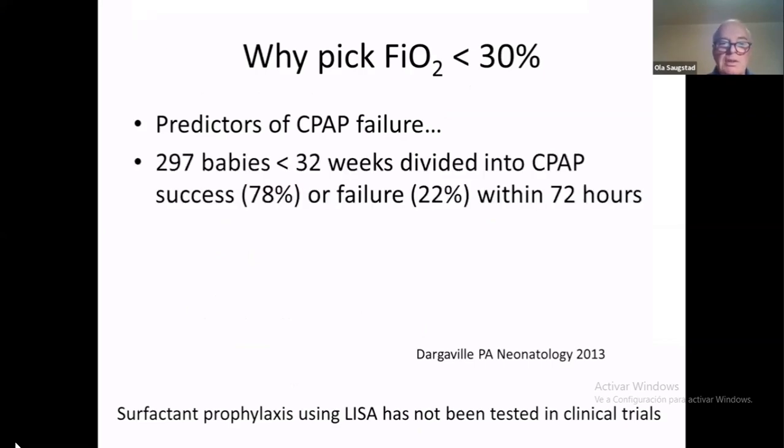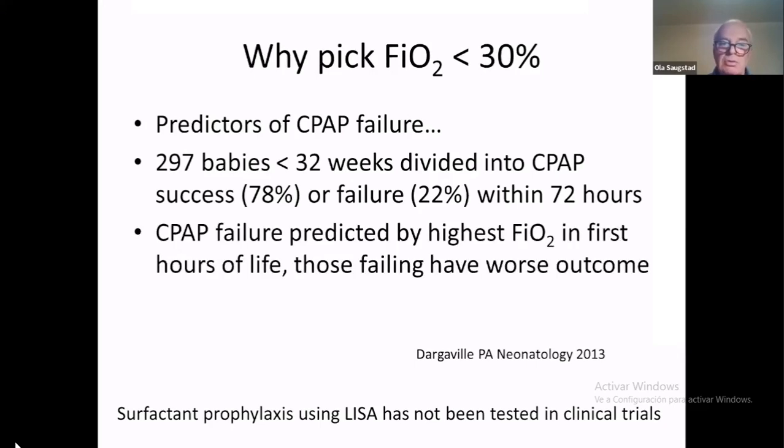So what Peter did was that he investigated almost 300 babies less than 32 weeks and divided them into CPAP success or failure within 72 hours. And CPAP failure predicted by highest FiO2 in the first hours of life.